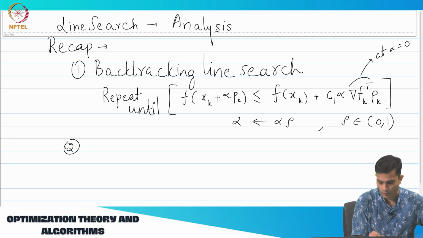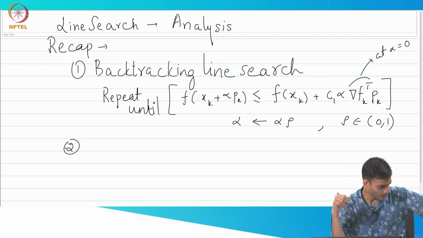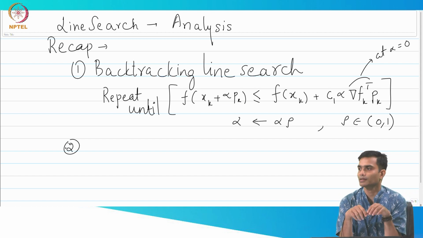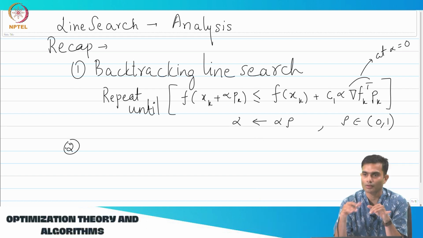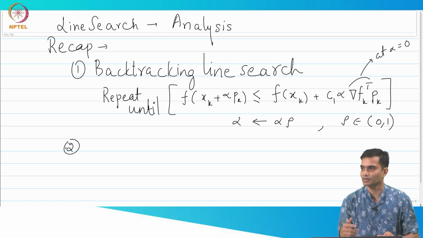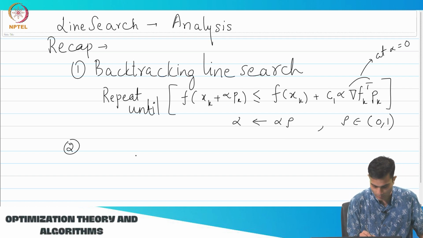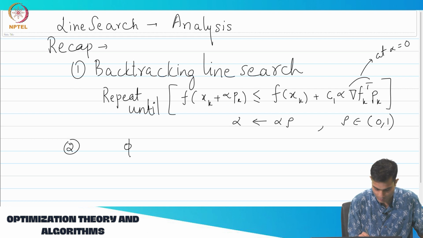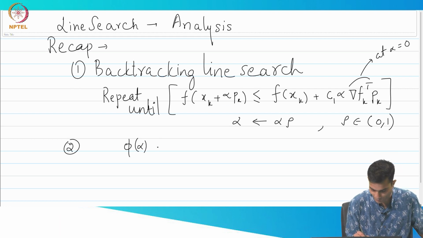Now, if you look at the optimization literature, there are lots and lots of different tricks that people have tried instead of backtracking line search. I'm going to give you just one more example, which I referred to a few minutes ago, of another trick. We all know what phi of alpha is.